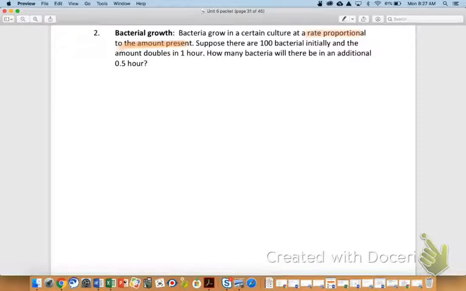So based on what you did in number 1, could any of you interpret that orange highlighted phrase into a differential equation? What you did in 1, it's just not multiple choice this time. Any ideas? Bacteria grow at a rate proportional to the amount present. Look back at number 1 if you need to.